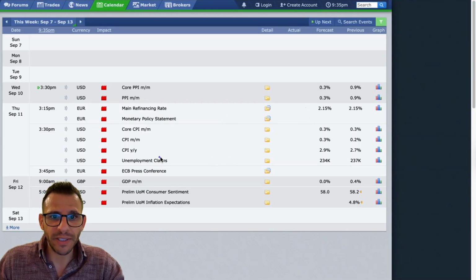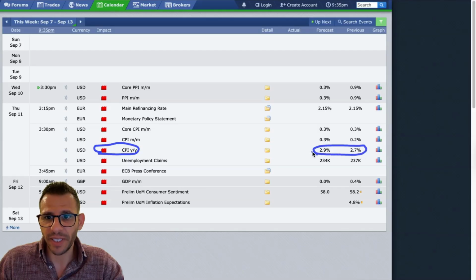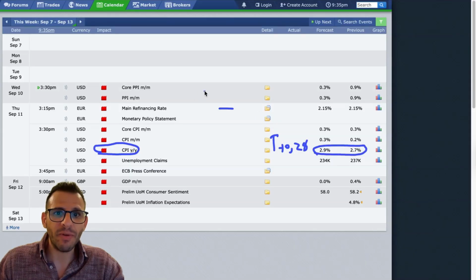During the New York trading session, all eyes will be on the CPI yearly event. And in the US, they have the expectation of plus 0.2% increase. This can definitely positively impact the US dollar, but prior to that, we have to see what's going to happen with the euro, and the day before what's going to happen with the PPI event.